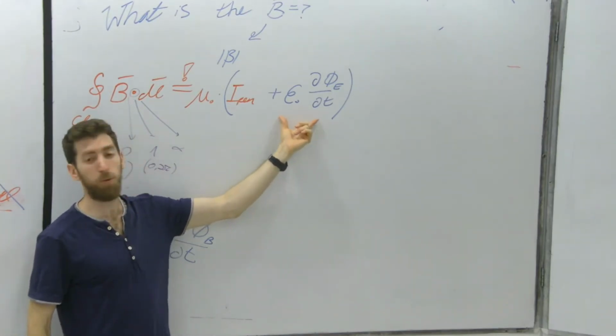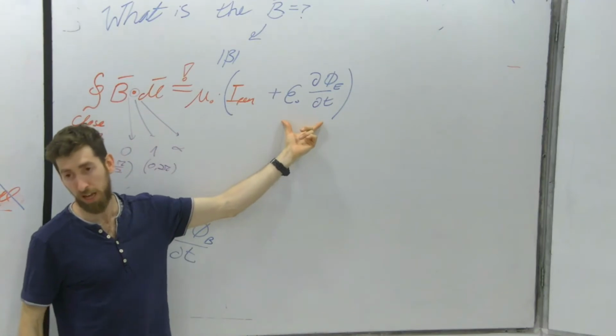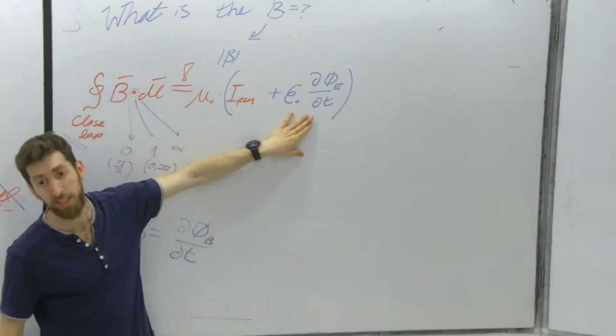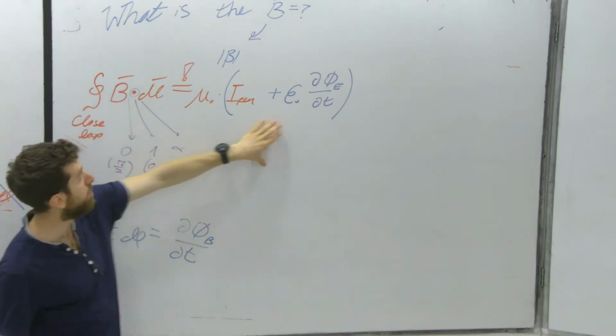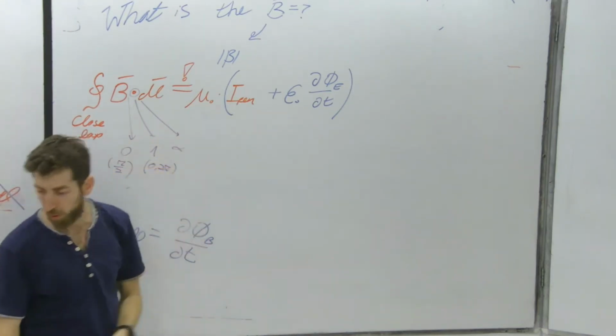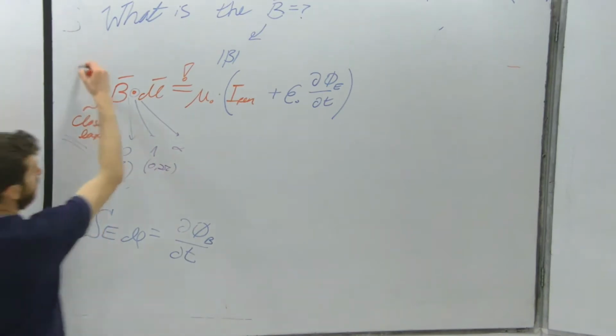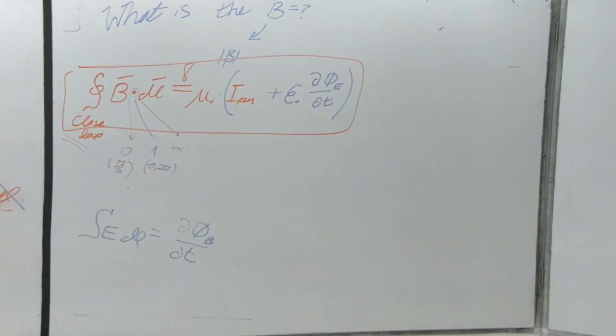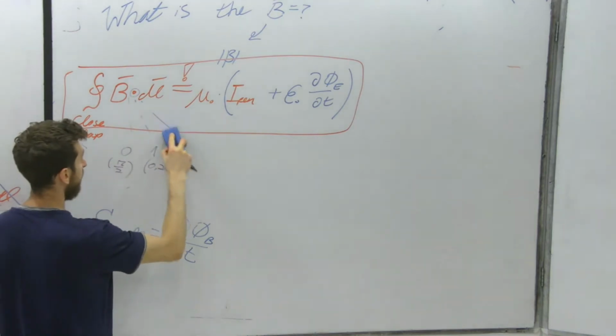The reason it was missing until now in the class is that most of the time it's negligible. But right now, I must tell you, this is the full way to write Ampere's law. This is the way you should do it. Okay, got it? Nice.